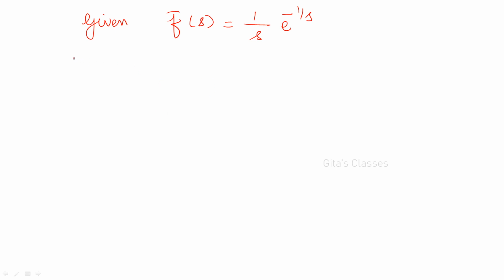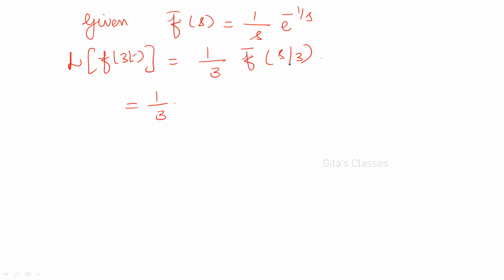Therefore, L of f of 3t is equal to 1 by 3 into f bar of s by 3. That is 1 by 3 into, in the place of s you have to replace it by s by 3. So 1 by, in the place of s I am going to write s by 3, into e power minus 1 by, in the place of s I have to write s by 3.